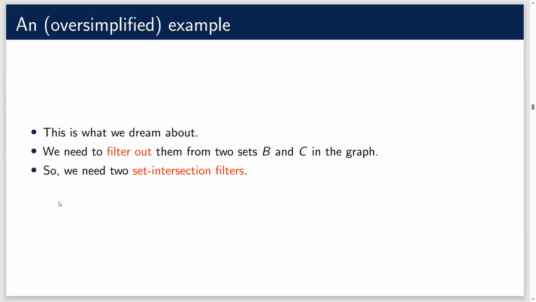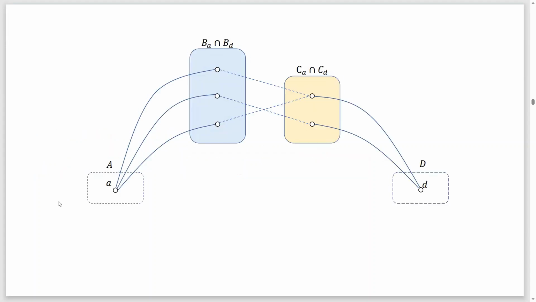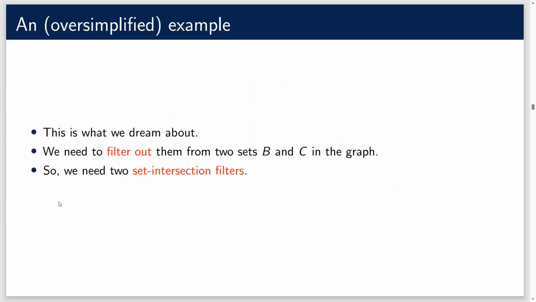And we also want two common sets B and C, but these BA cap BD and CA cap CD sets are generally from the sets B and C, and they are just filtered out. So we use two set intersection filters to do this.